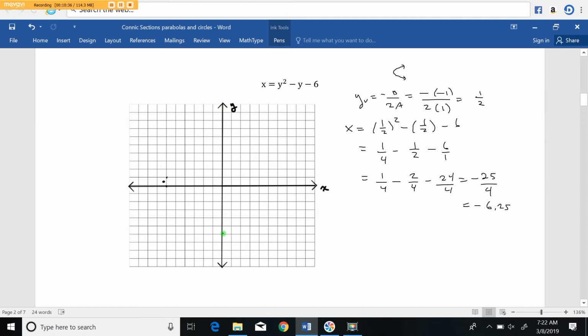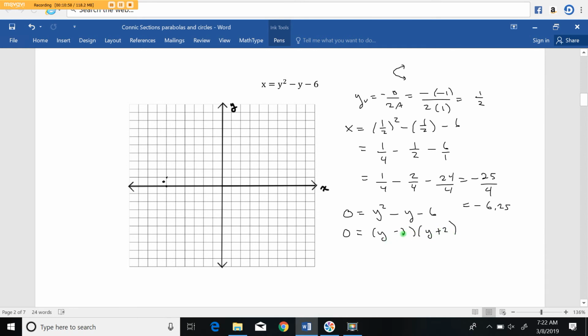Where this graph crosses the y-axis would be a very good point to get. We can get that by setting x equal to 0 and solving this for y. And looks like this thing's probably going to factor. Let's try y minus 3, y plus 2.